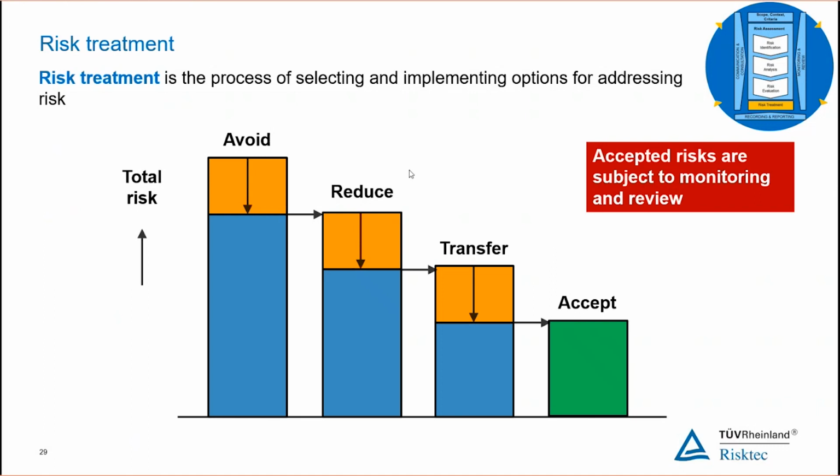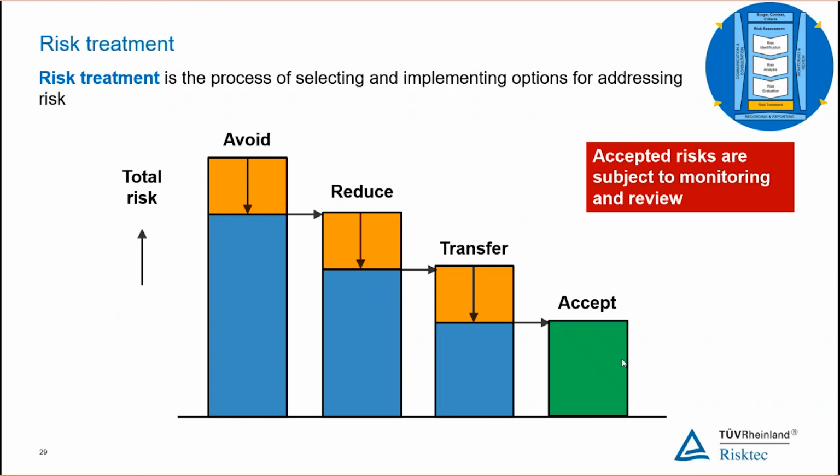We could put in place additional measures that may further reduce the risk. We may be able to transfer the risk to other organizations or other areas. At the end of all of this, when we have treated our risks as far as is reasonably practicable, then we retain these risks within our organization.